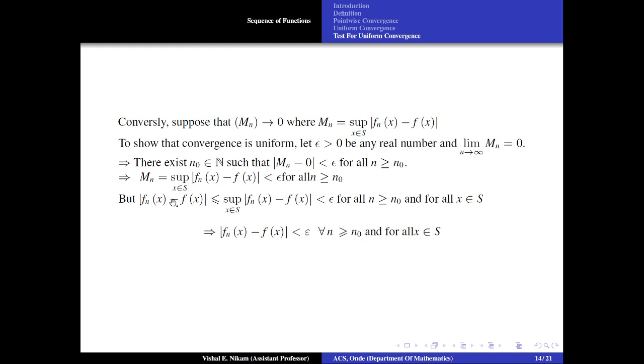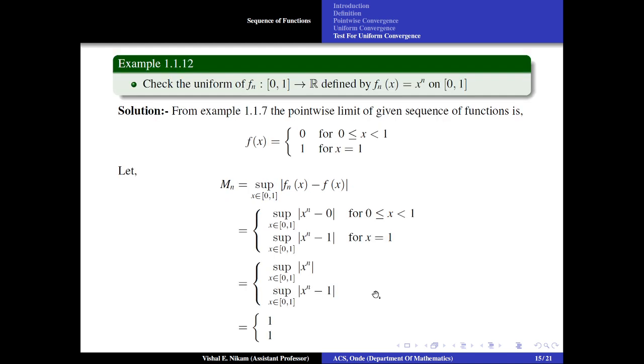But mod fn of x minus f of x is always less than or equal to the supremum, which is less than epsilon for all n greater than or equal to n naught and for all x belonging to S. This implies that mod fn of x minus f of x is less than epsilon for all n greater than or equal to n naught and for all x belonging to S. Hence, by the definition of uniform convergence, fn of x converges to f of x uniformly.